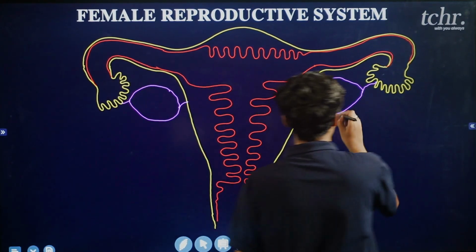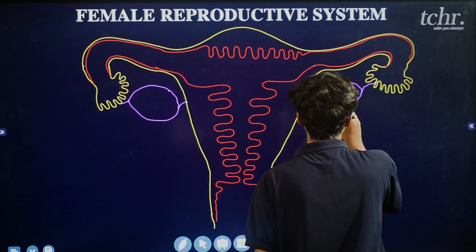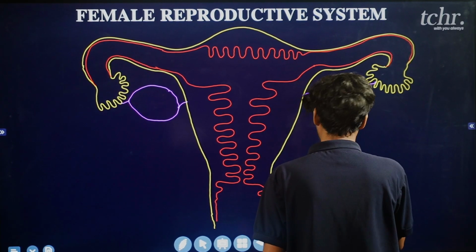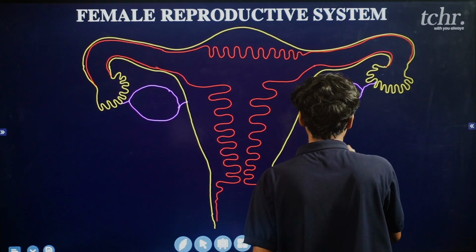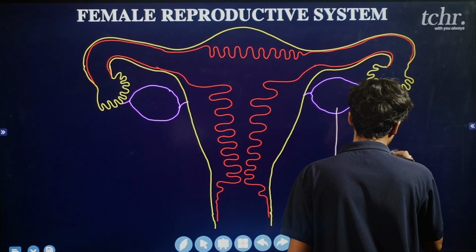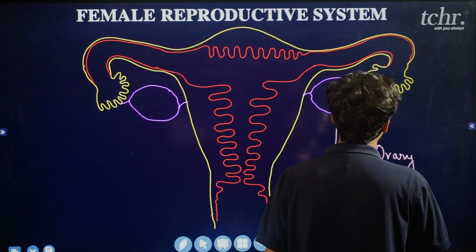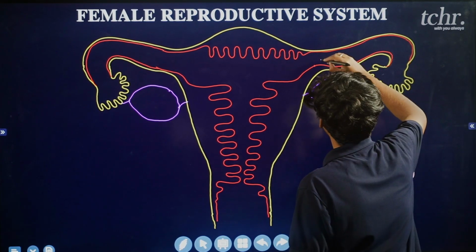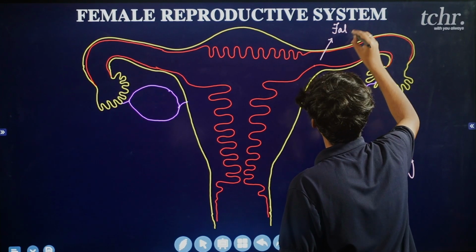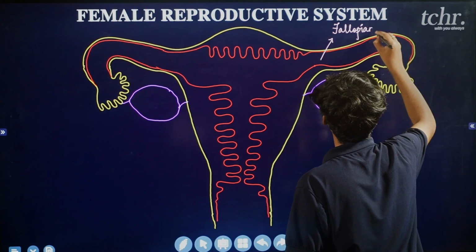So the female reproductive system has a pair of ovaries and a fallopian tube, which is also called the oviduct.